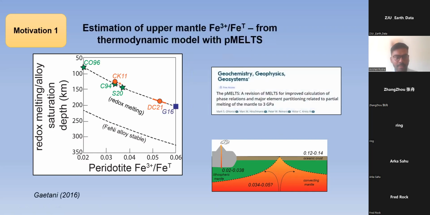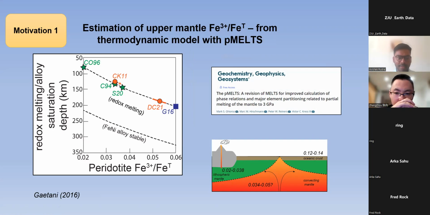And lastly, there is a purely thermodynamic way of estimating what the ferric iron content of the upper mantle looks like. The tool is PMELTS, though there are other thermodynamic models available as well. In 2016, Glenn Gaetani estimated what the ferric iron content of the upper mantle might be in order to satisfy the fO2 of the upper mantle that we know, and he came up with a value of 0.06.